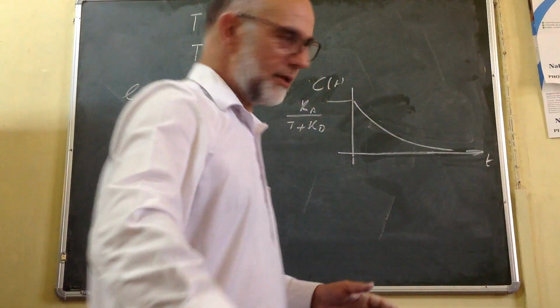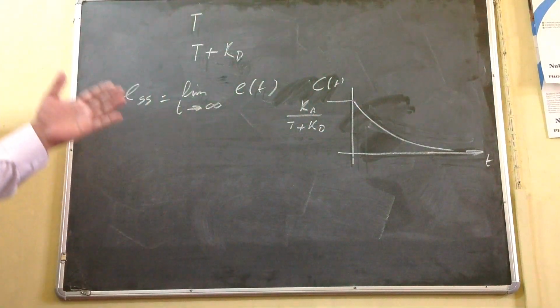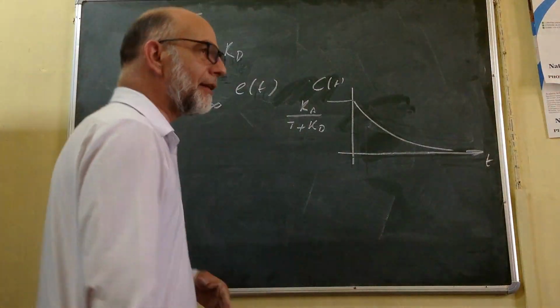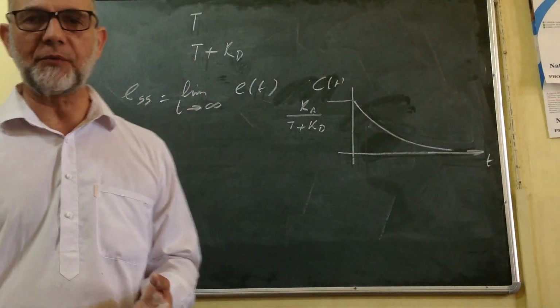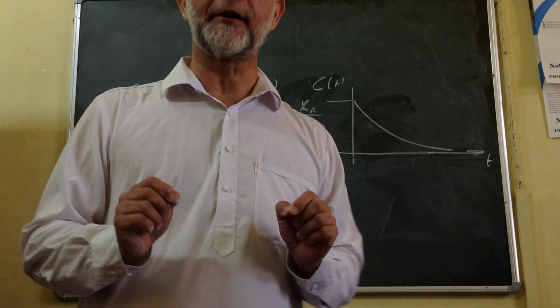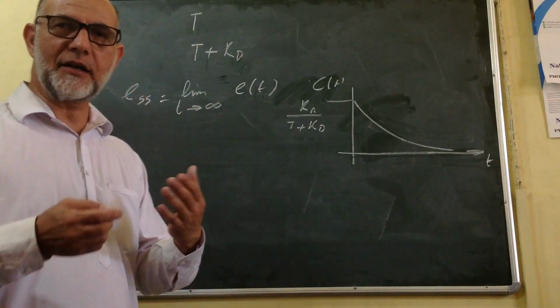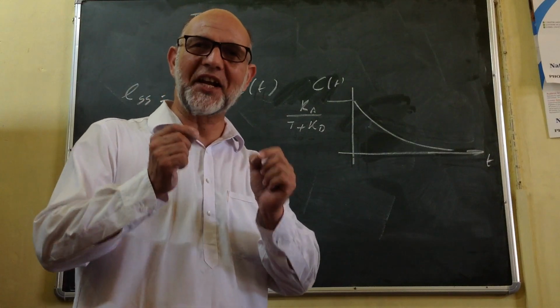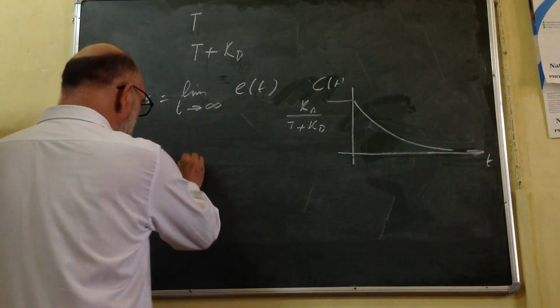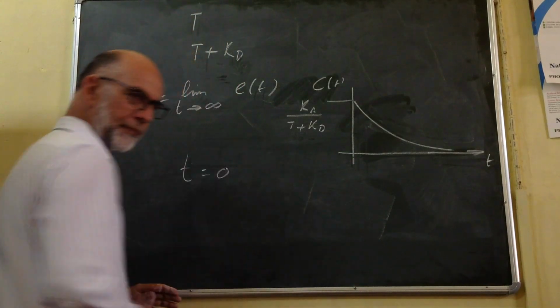Now, as was outlined in the previous class, a derivative controller actually produces a control action which is proportional to the rate of change of error. As you can see, the rate of change of error is large only initially, that is at times close to t equal to 0.